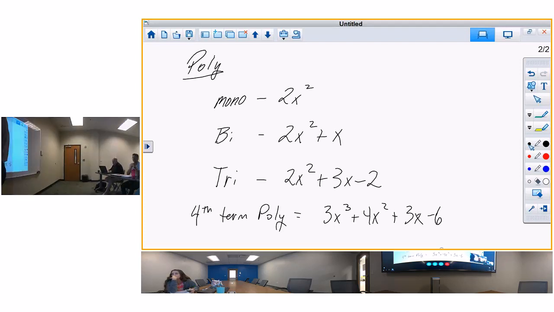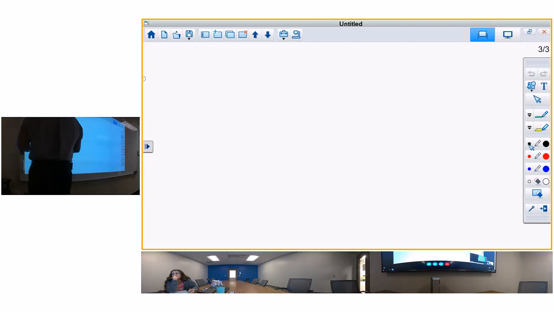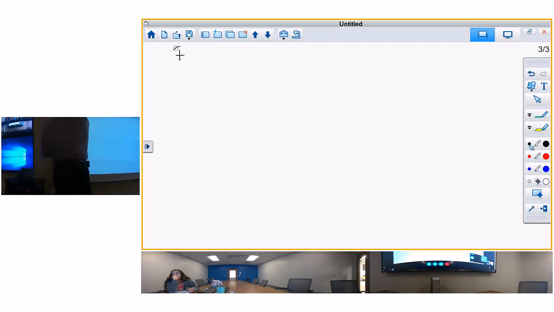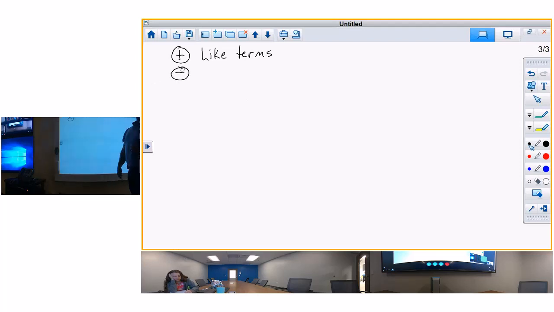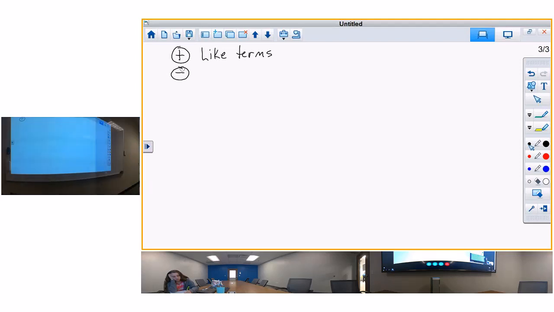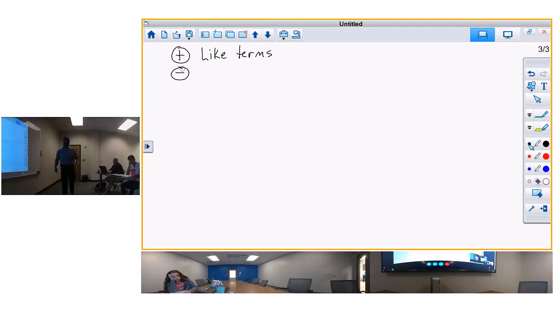All right, so let's go ahead and review adding. Adding like terms. Now, what's the same thing as adding like terms? Subtracting like terms. Okay? It's called combining like terms. Write that down for adding and subtracting.